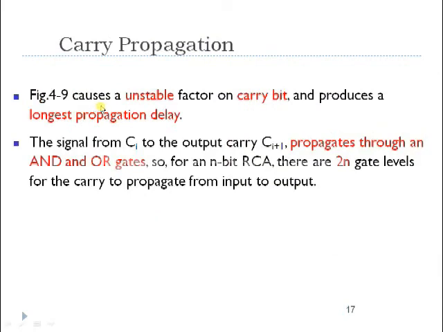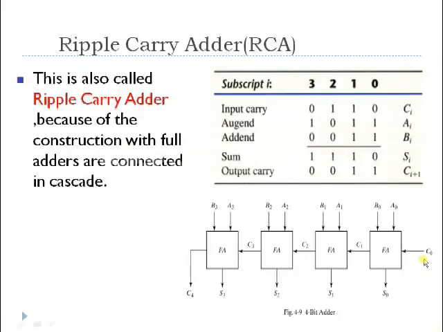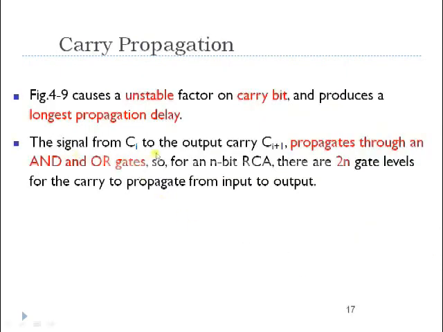It causes an unstable factor on the carry bit and produces the longest propagation delay. As I just said, the signal from Ci to the output carry Ci+1, for example, if i equals 0, then Ci would be C0 and Ci+1 is nothing but C1, propagates through AND and OR gates, as we know that a full adder is made up of AND and OR gates.